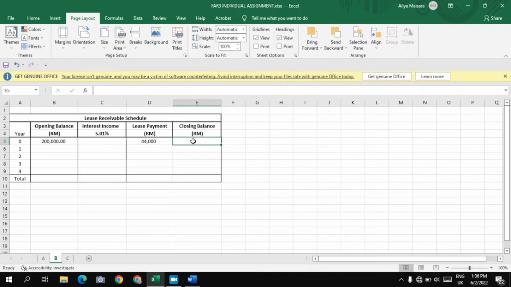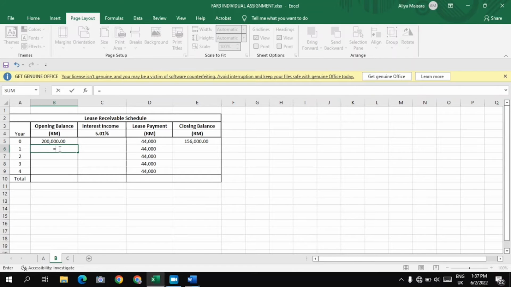To get the closing balance, we add the opening balance and interest income and minus the lease payment and get the closing balance of 156,000 ringgit. The closing balance will be the new opening balance for the next year.